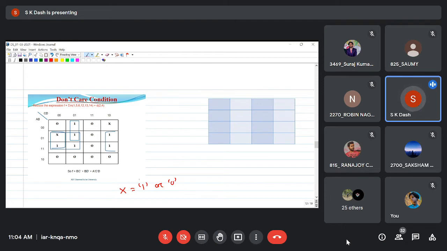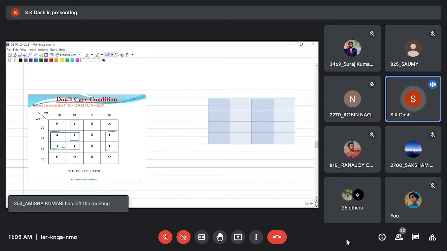If I am able to reduce the expression with the help of that, I will consider it to be 1 or 0. So we'll see how to do that. It will be clear if we go through one example. So this is the example.